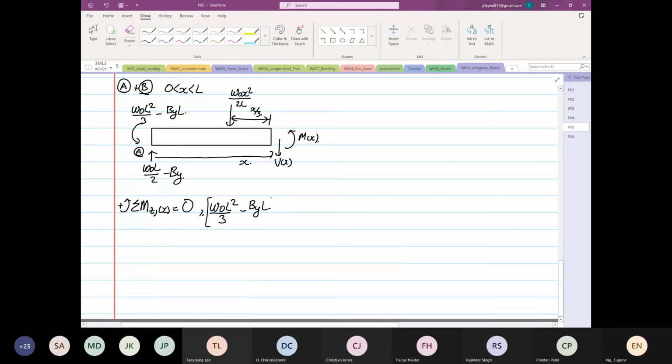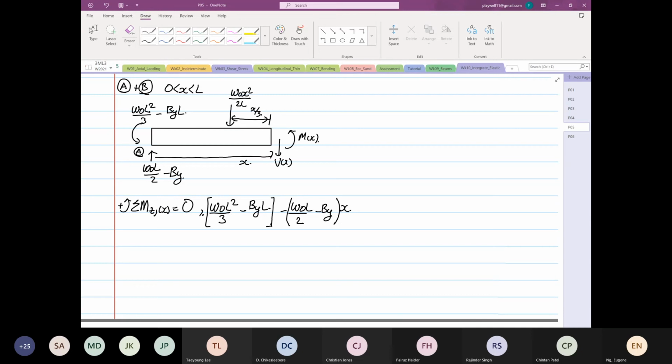This is our first expression. It's already a moment, you don't need to multiply by distance. Then the next one is minus omega naught L over 2 minus BY. This one you have to multiply by X, and it's minus because it's going in a clockwise direction.